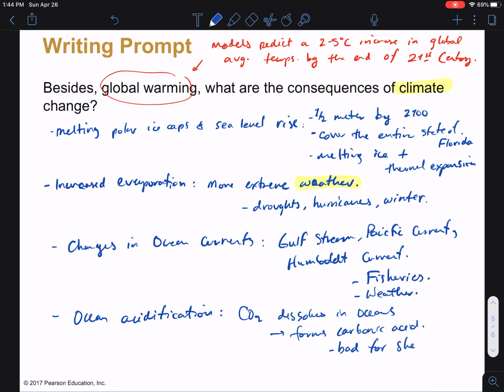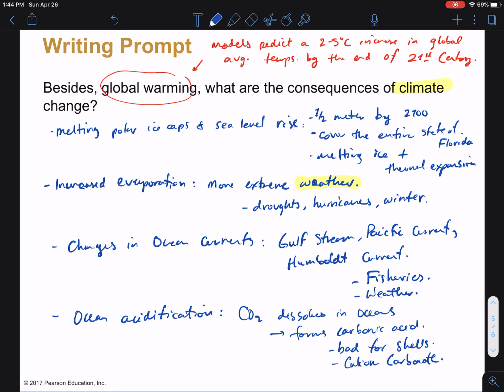Bad for shells, things like oysters, mussels, even corals, anything that uses calcium carbonate as their structure, that calcium carbonate can get destroyed by this ocean acidification.